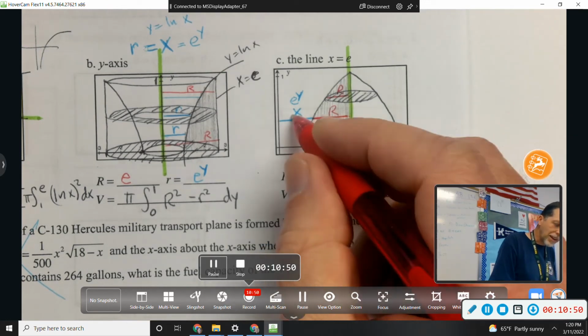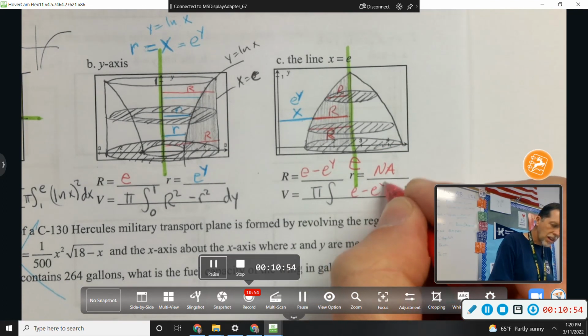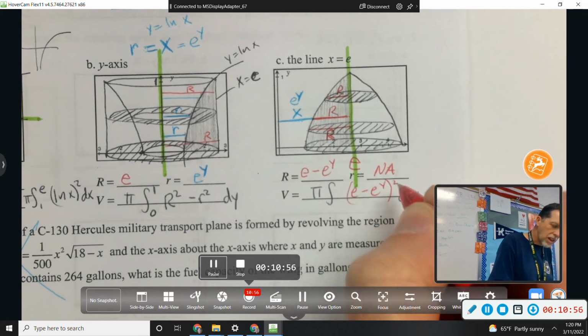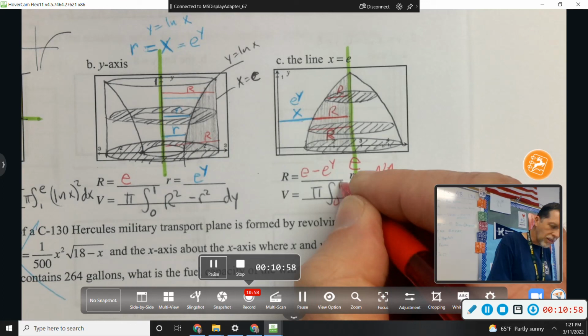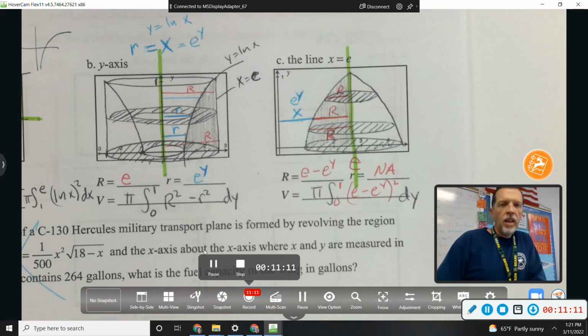E minus e to the y. And then those disks are stacked up from 0 to 1. Lots of pretty pictures.